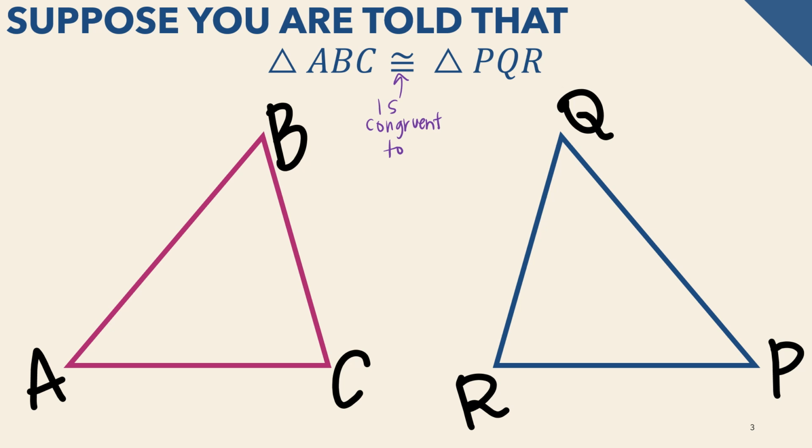You cannot mix up the letters in the names of the triangles and still know that they are congruent. So I can't say triangle ABC is congruent to triangle PRQ. That's not true. What is true is what they have given me here, which is that triangle ABC is congruent to triangle PQR.